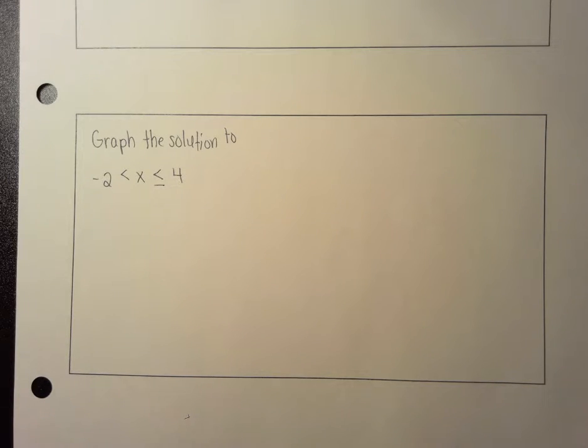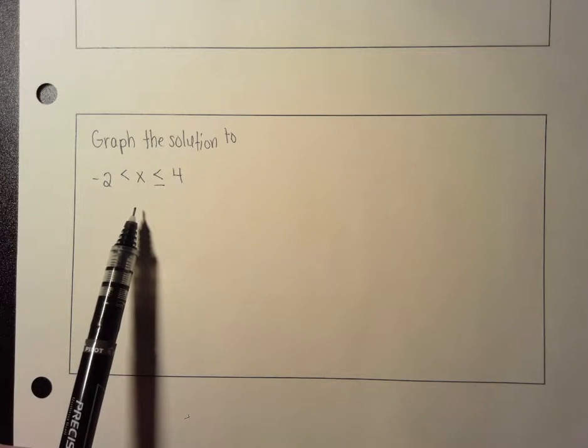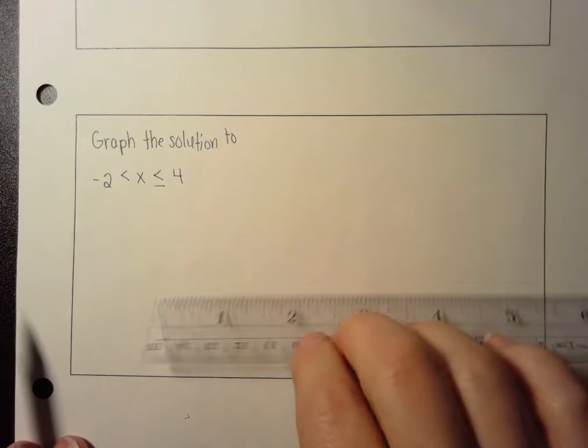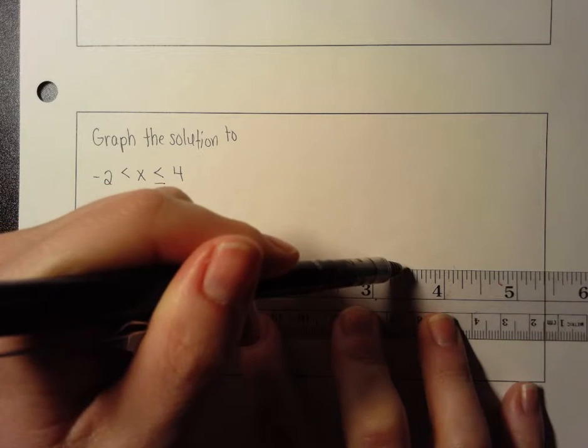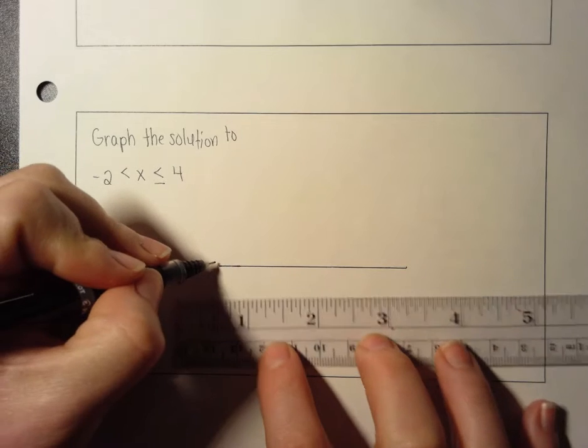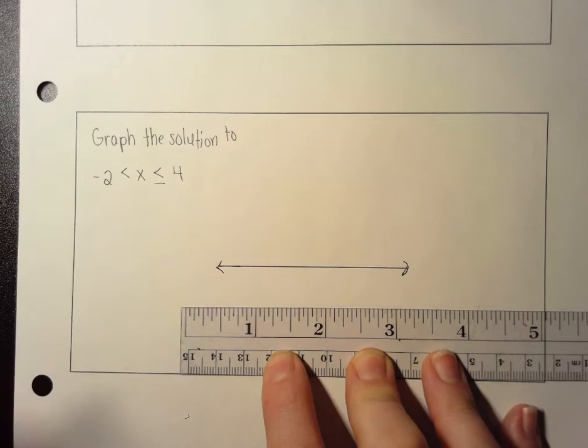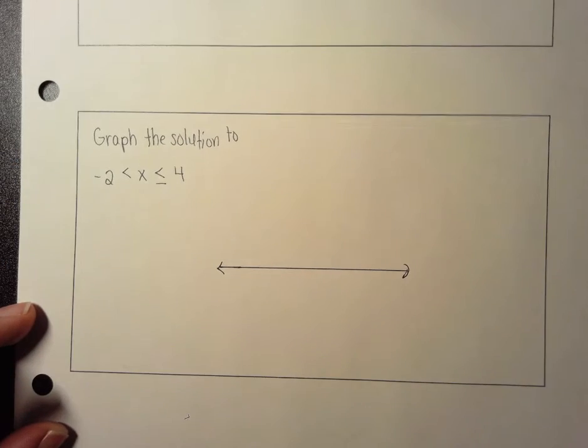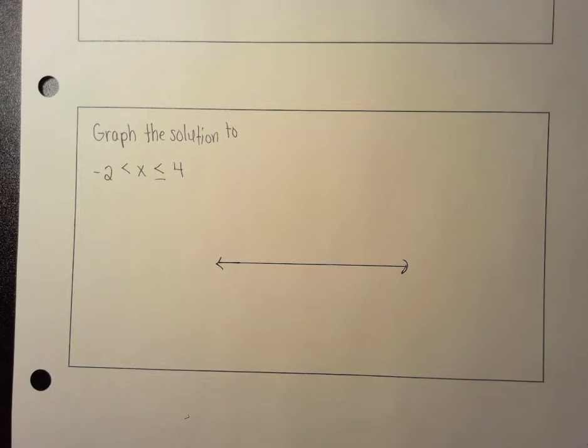So this is another conjunction, and x is in the middle. So go ahead and draw your number line, and take a moment to graph the solution. You can pause the video and check your answer in just a minute.